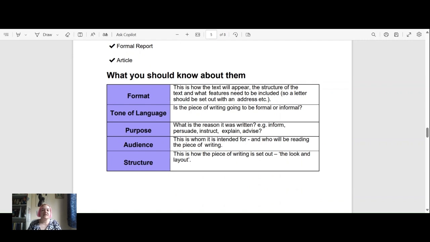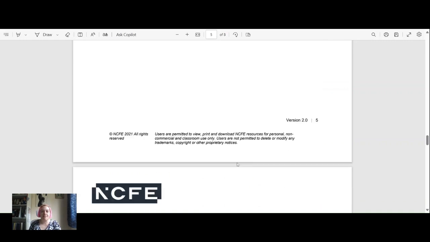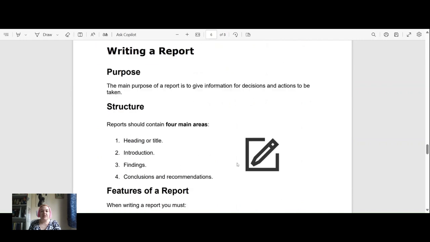And then the last part is the structure. It's basically ensuring that we have a start, a middle, and an ending to all of our pieces that we write. So you can see from here, this particular document has some very nice outlines of what each of these texts should look like. For example here, writing a report. Our purpose is usually to give information in order to help somebody or an organisation make decisions.